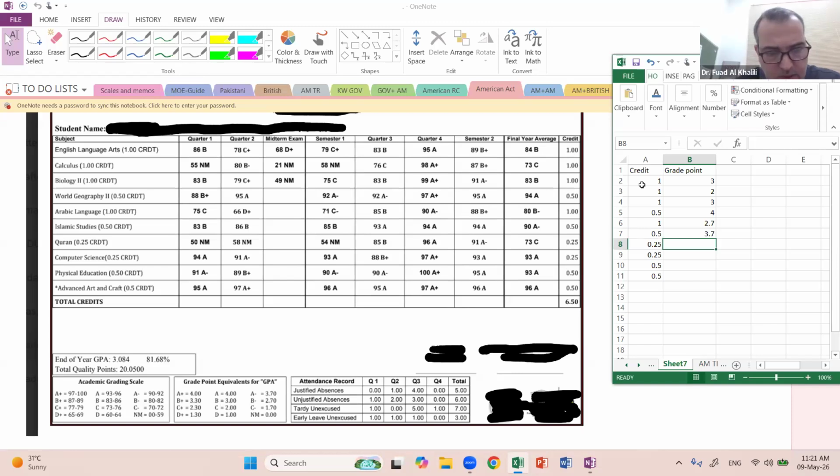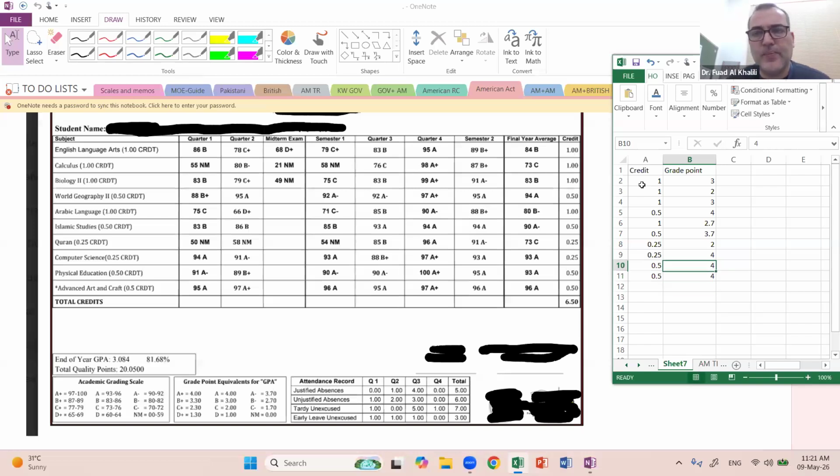C is what? C is 2, we said? 2.3? No, in this system you have to take the legend of this school. So for this school, the C is 2. It's not 2.3. Now the A is 4.